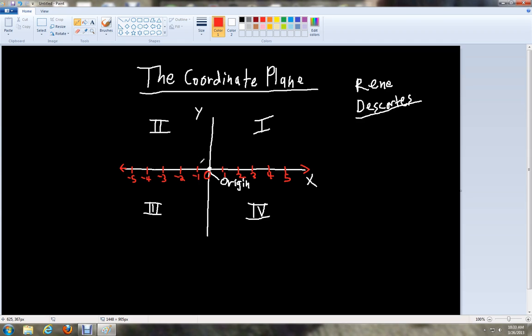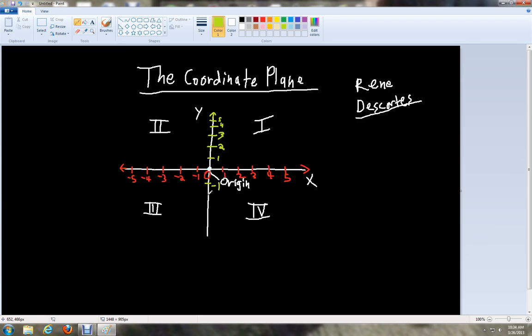So all the numbers to the left of the origin are negative, and likewise with the y-axis, the vertical axis, anything above 0 is a positive number, right? So you have 1, 2, 3, 4, 5, and so on. And then all the numbers below 0 on the y-axis are negative.